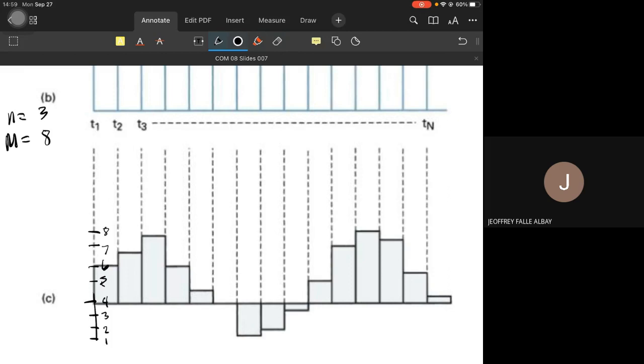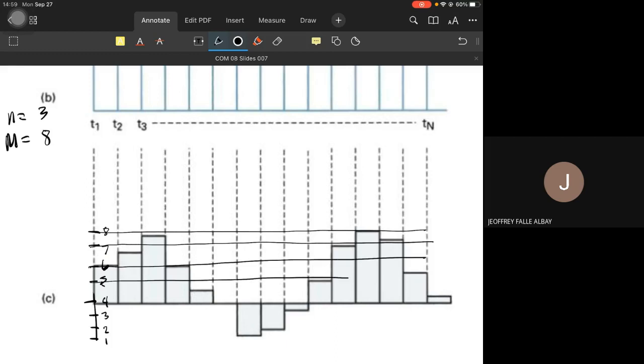So our number of levels is limited by the type of system, no? By the number of bits the system is capable of. Because we only have 8 levels or 3 bits, we need to round off the PAM signals.